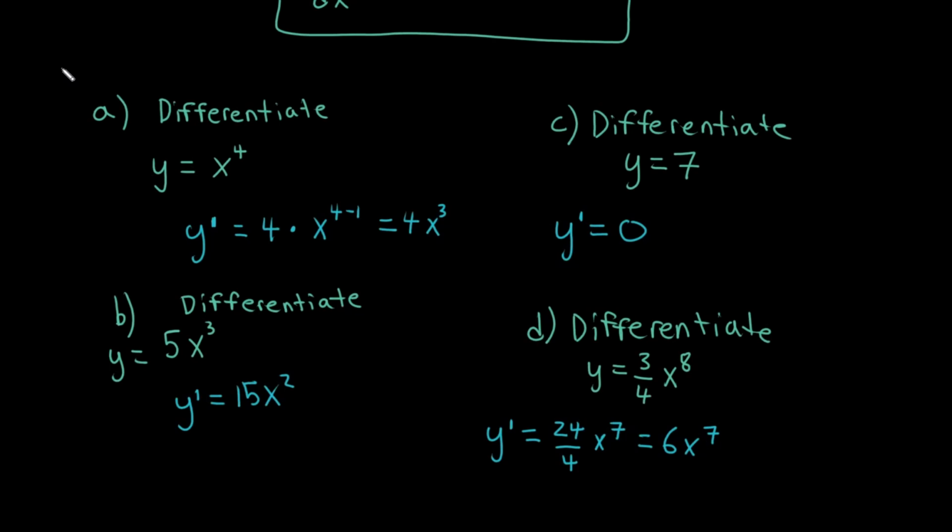Okay, let's do an example that's a little more challenging, because these are pretty easy so far. Let's find the derivative of y equals x cubed minus 4x plus 6. So we want to differentiate this function.